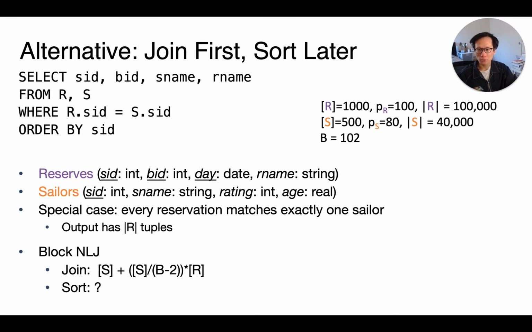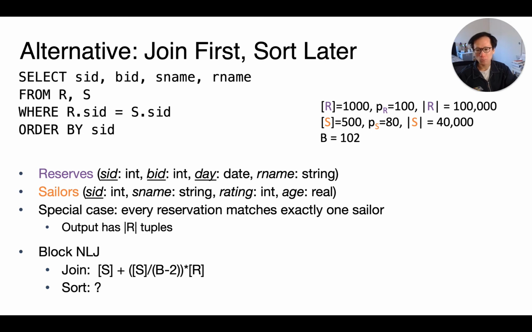Now, in general, figuring out the cost of sorting the output of the join is a bit tricky because we don't know how big the output of the join will be. It depends on how many matches we find between these 2 tables, but in this particular example, we happen to know that every reservation has exactly 1 sailor.